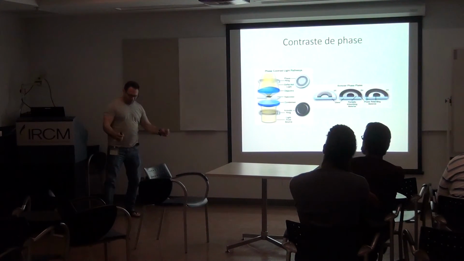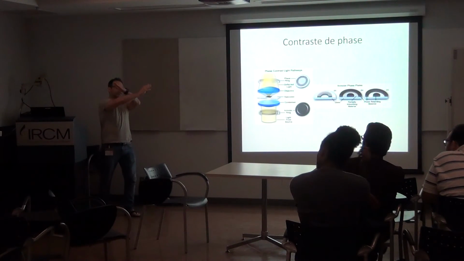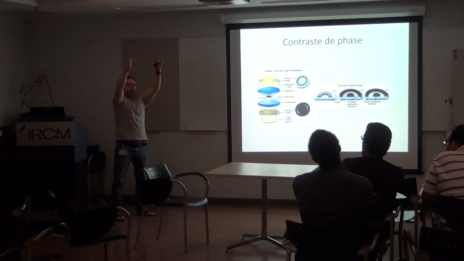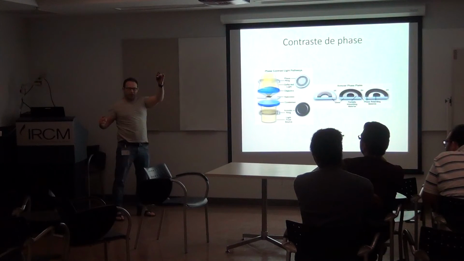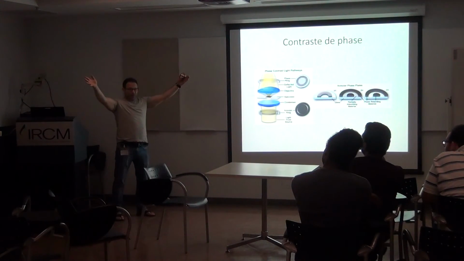So what you do, you take light, you shine it onto your specimen, and let's say light goes like this, and your objective is here. If you don't have any specimen, the light is going to go like this and will never enter into your objective. It goes outside of the objective.